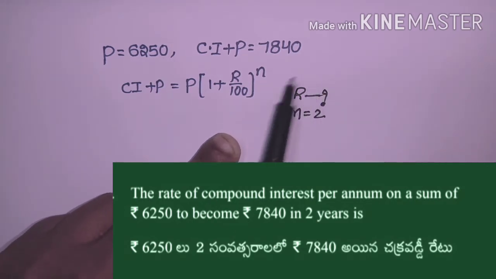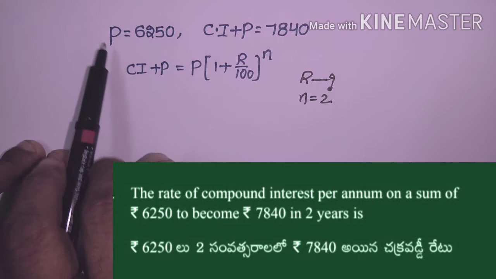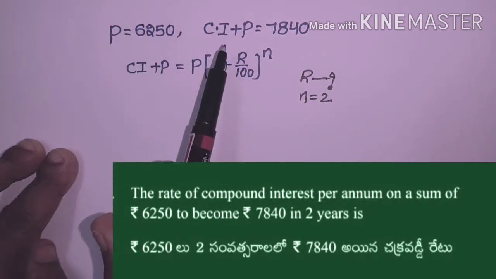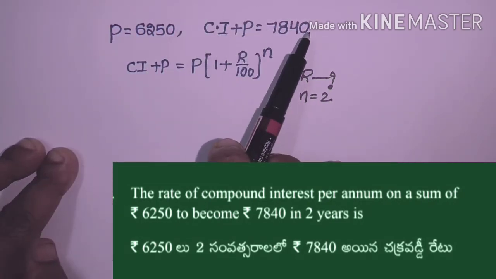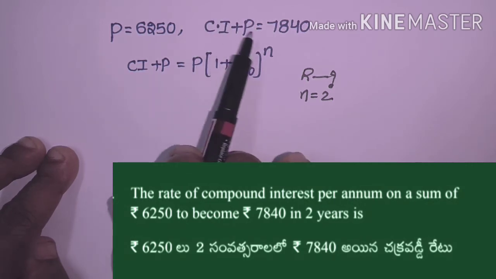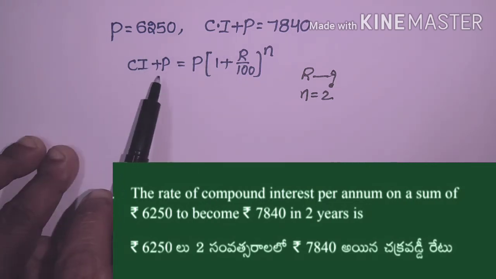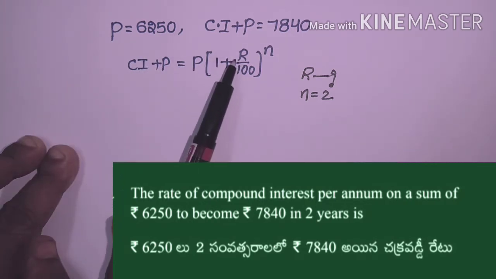So we have to find the value of r, and years n is equal to 2. Also given that the principal amount is 6,250, and after 2 years the amount will be 7,840. That is, principal amount plus compound interest is equal to 7,840, and this is the formula: compound interest plus principal amount is equal to P into (1 plus r by 100) whole power n.